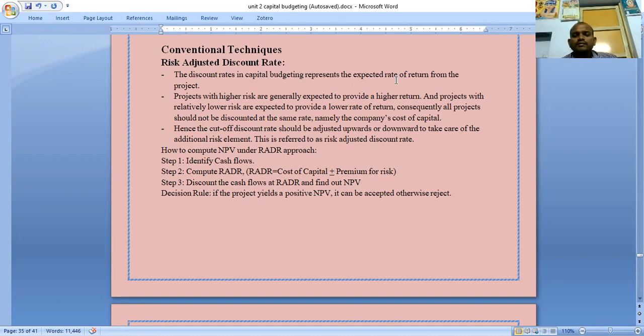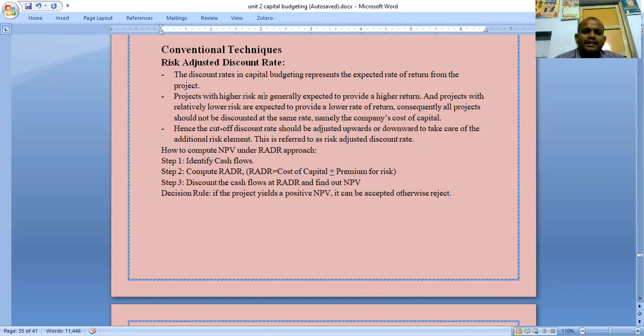But in conventional techniques, what these techniques are suggesting, consider the project, how much is risk free and how much is additional risk element involved. So let us go with this risk adjusted discount rate.